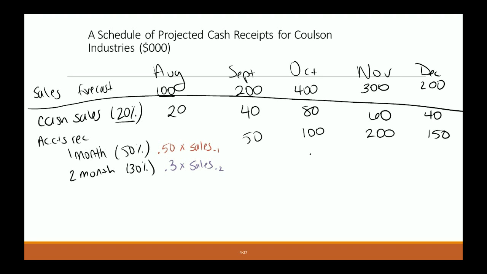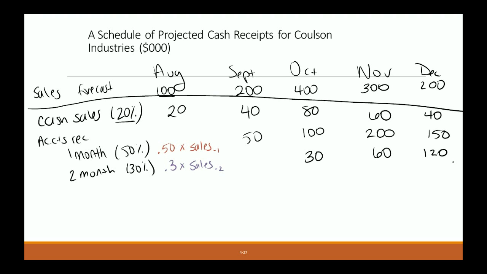So we're going to go straight to October. In October, we will be collecting 30% of August sales. In November, we will collect 30% of September sales. And in December, we will collect 30% of October sales. So 30% times 400 is 120.